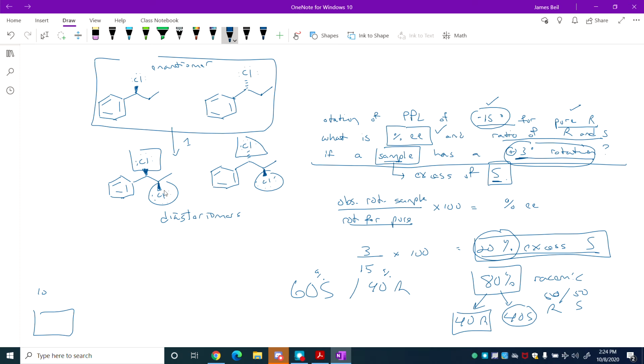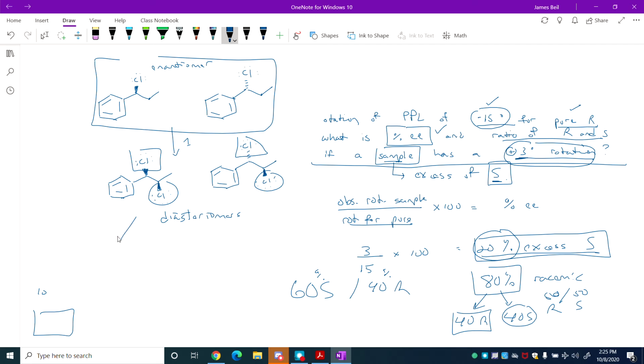So I'd have to do this reaction, get the two chlorines installed with the same configuration so that I create a pair of diastereomers. Now they have different solubilities, slightly different polarities, and so they might run through silica gel at different rates, and I could separate them that way, or they might have different boiling points or solubilities, so I could look at doing a distillation to separate them, or possibly a recrystallization if they were solids.